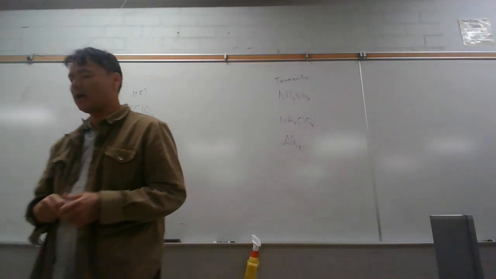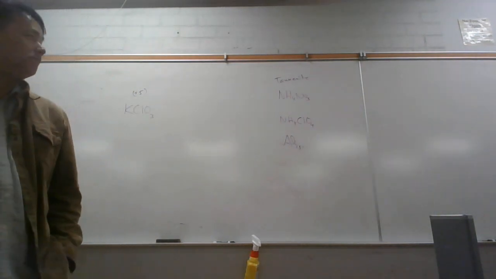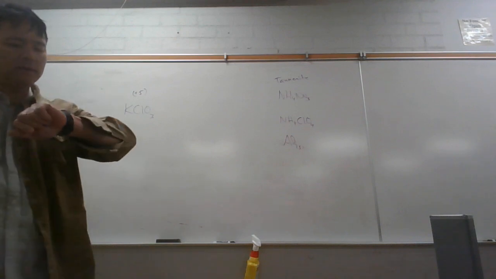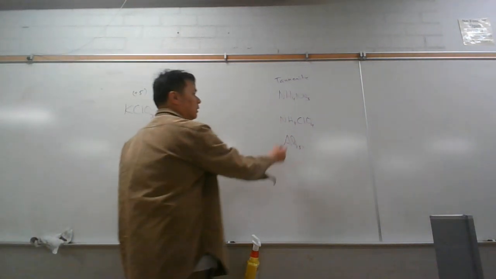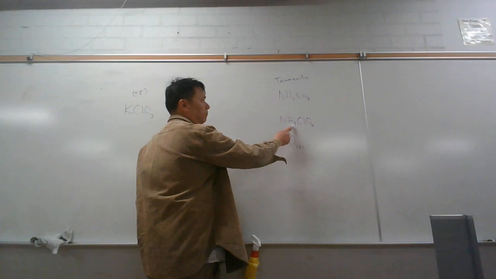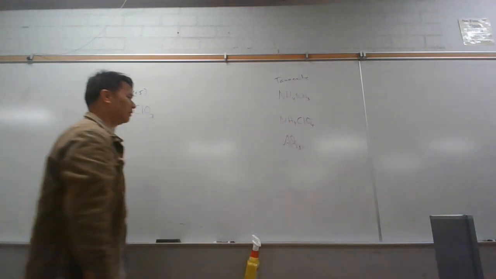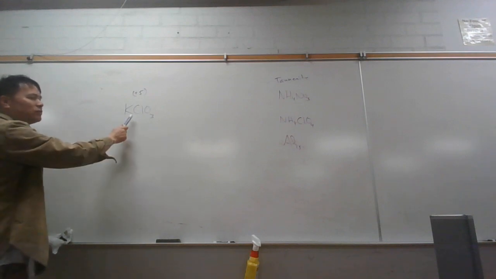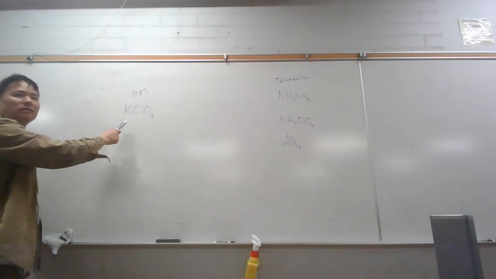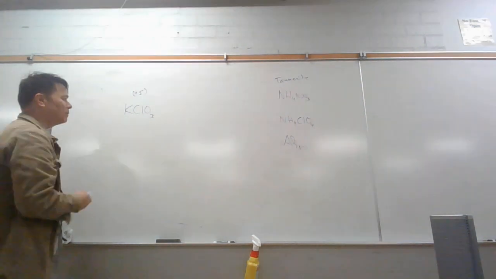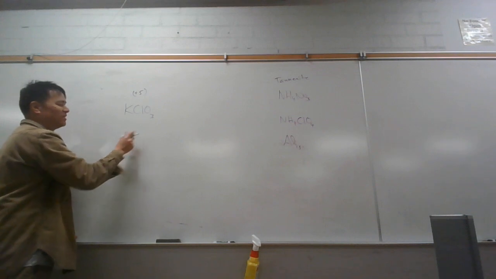Why is that? Let's see how much. Okay, one, ammonium nitrate and ammonium perchlorate are very dangerous, much more dangerous than potassium chlorate. Because when I think about chlorate, you know, potassium ions, are they very reactive?